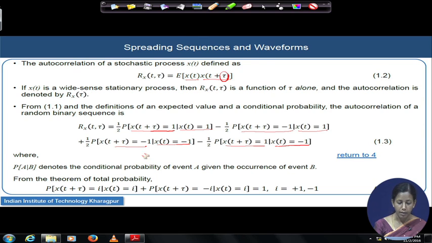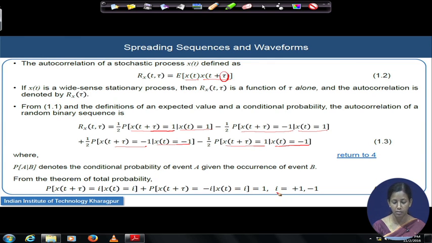Now, remember that the probability of x(t plus tau) given x(t) is a conditional probability, where we take the probability of event A given the occurrence of B. From the theorem of probability theory, the total probability of whatever you have transmitted and received correctly, that is the probability of correct reception plus the probability of erroneous reception, is expected to be equal to 1.